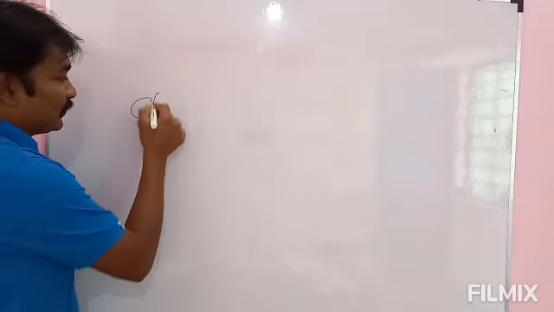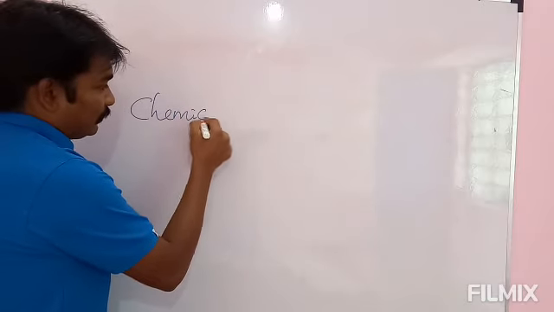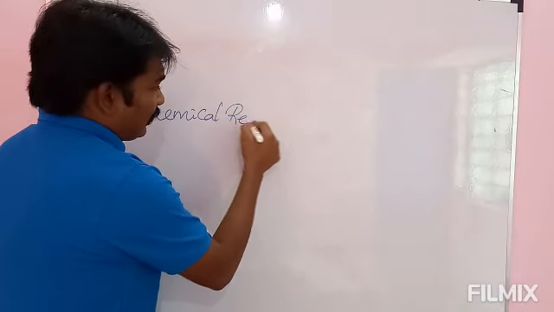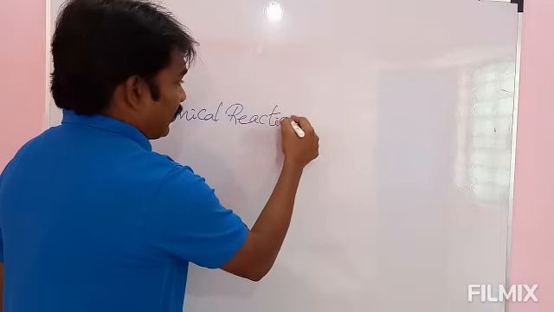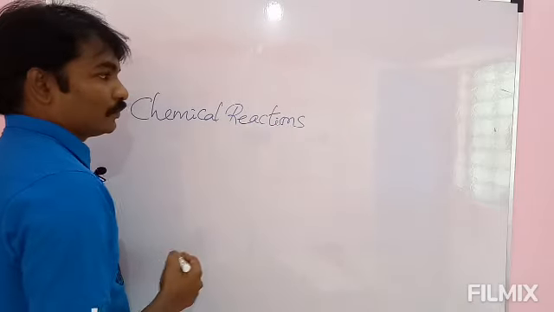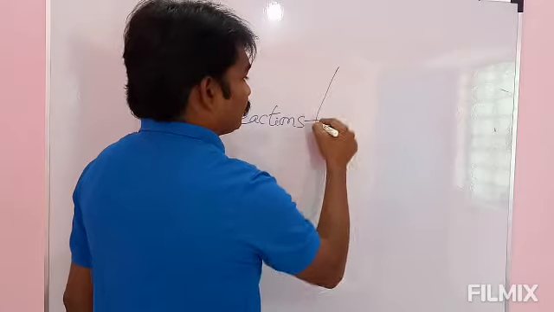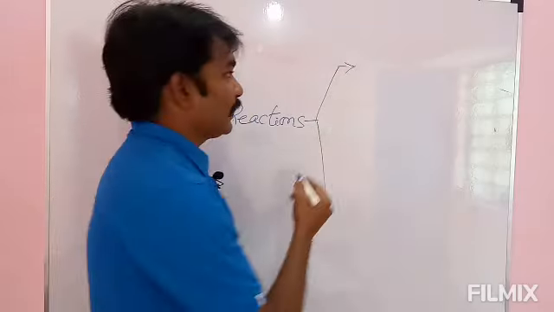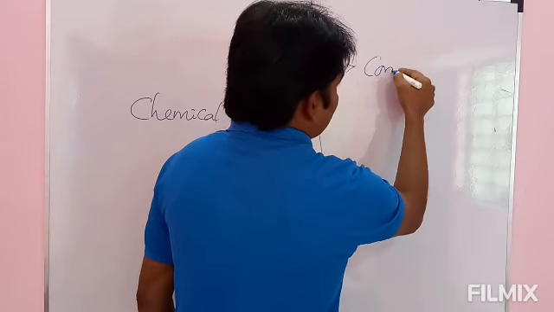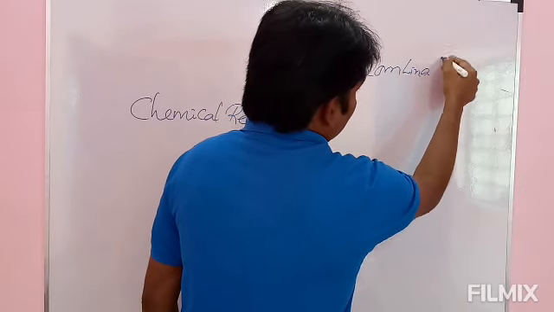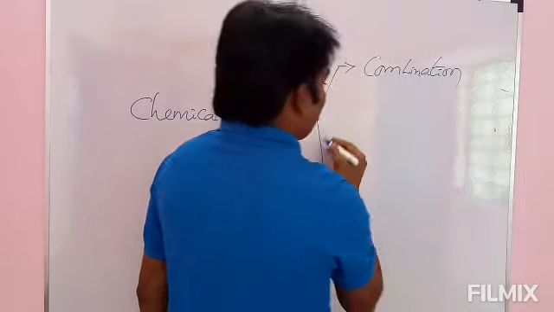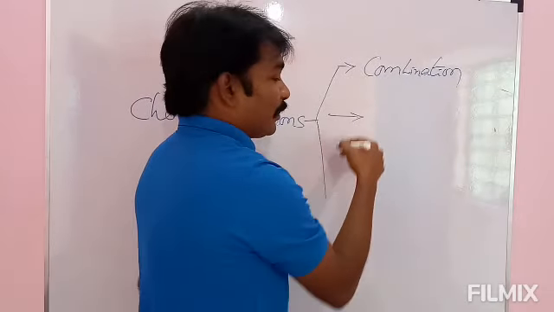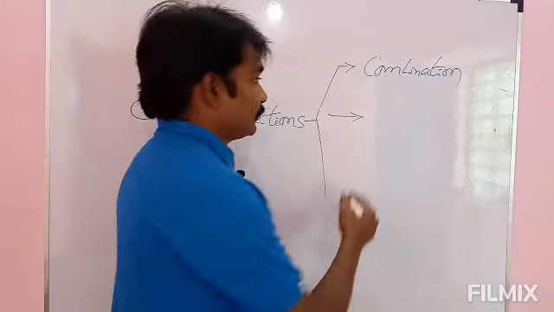Chemical reactions are classified into four types. First one is chemical combination reaction. I am writing simply combination reaction. And next one is chemical decomposition reaction.